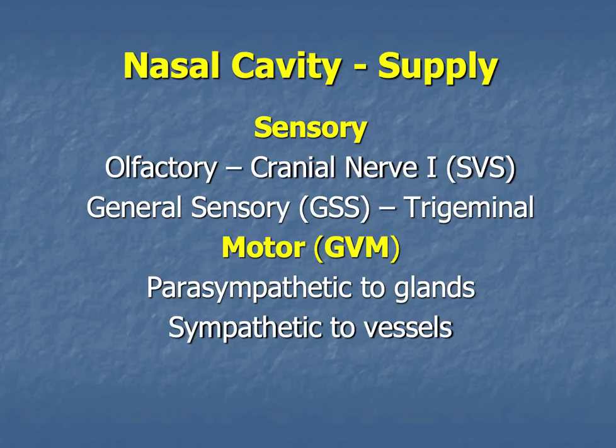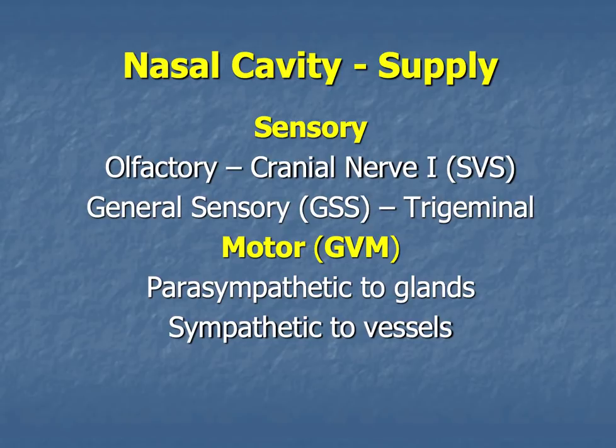And the other part of the innervation is the functional component, general visceral motor, being parasympathetic and sympathetic, and the parasympathetic, I remind you, doesn't fundamentally come with the trigeminal nerve. It's an add-on from its neighbouring cranial nerves that have that function.